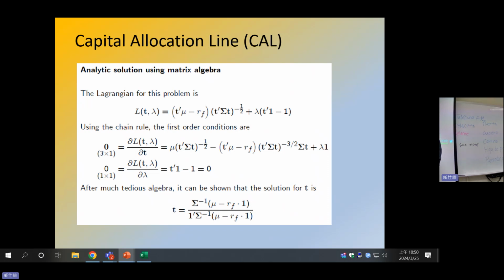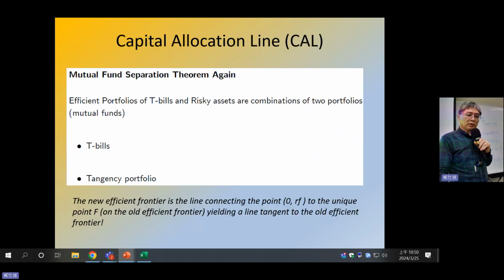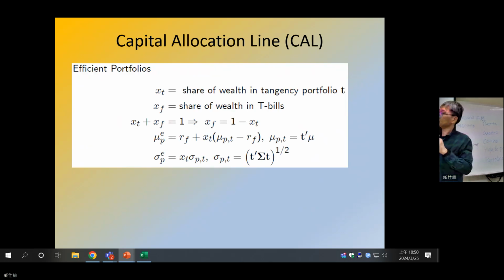Okay, so this is the easiest way. Plug in the formula, get the t, and based on the t, you can derive the tangency portfolio line, which is a straight line, and then you can also calculate the sigma_PT and the sigma_PE.